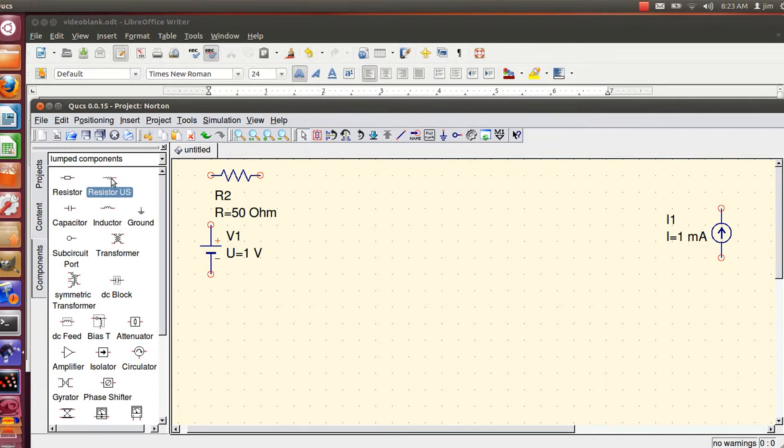A current source has to have a resistor in parallel. So that's what we're going to do with that. If I mirror that, I can get everything to the right side. There we go.